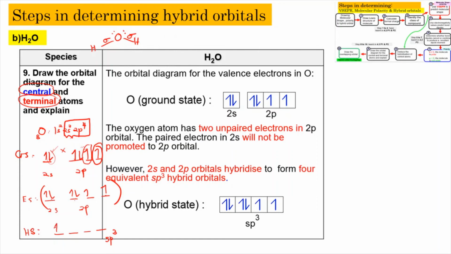So we're going to have 1, 2, 3, 4, 5, and 6 electrons. 2 of them are going to form sigma bonds, 1 with hydrogen and 1 with hydrogen, and 2 of them here will form a lone pair. Another 2 here will form another lone pair.